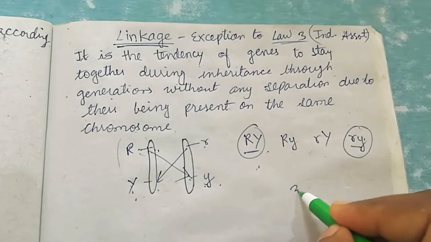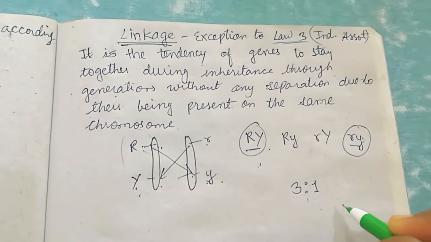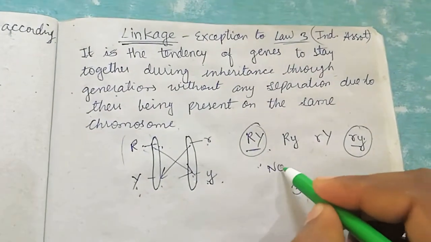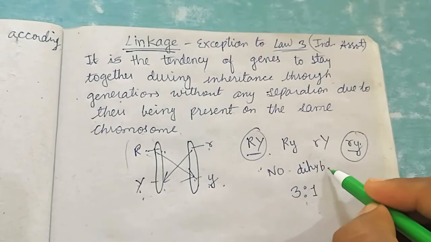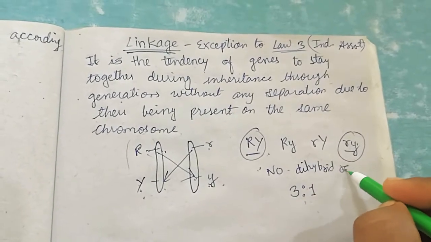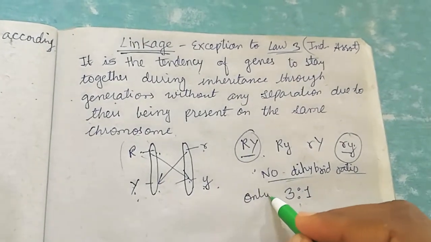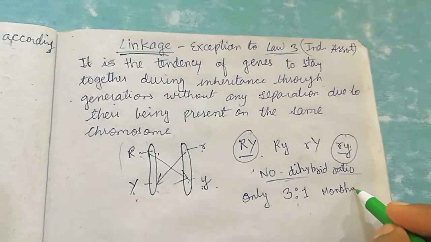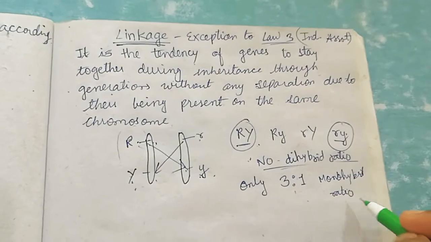There will again be only a monohybrid ratio, that is 3:1 only. So this is all about linkage.